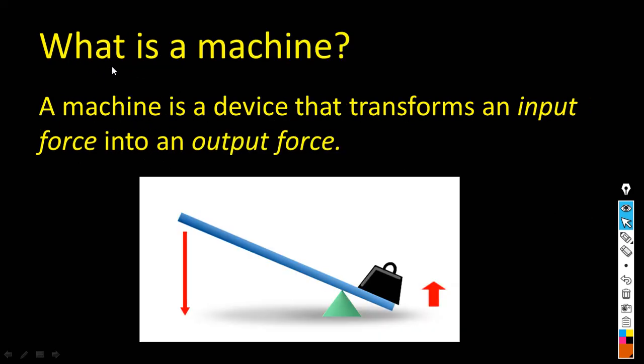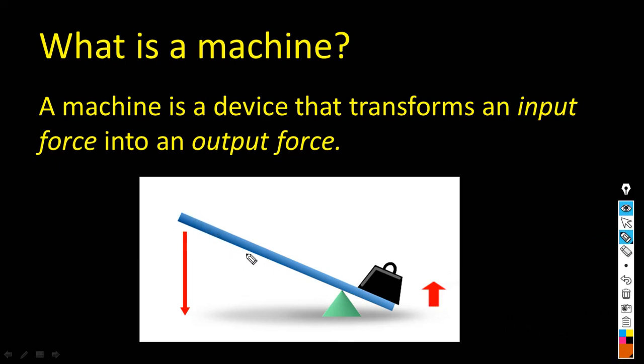So first, let's answer the question, what is a machine? A machine is a device that transforms an input force into an output force. And let me tell you what that means with this example of this machine. If you don't know, this is known as a lever, la palanca. Okay, so what is a lever?